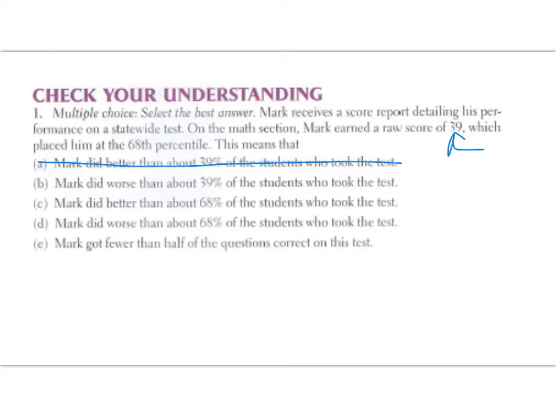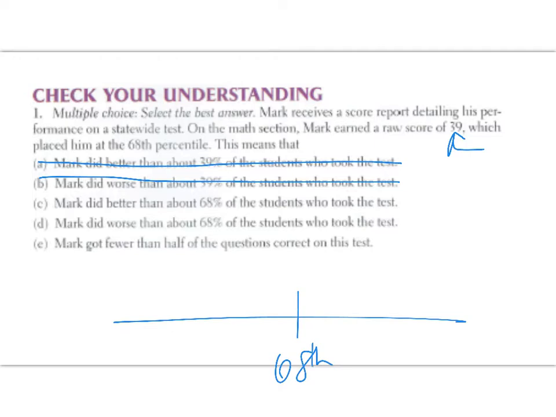So B then, Mark did worse than about 39% of the students. Again, score and percentile are not the same thing. So Mark did better than about 68% of the students that took the test. Well, again, if Mark falls at the 68th percentile here, then about 68% of the data points are lower than his.